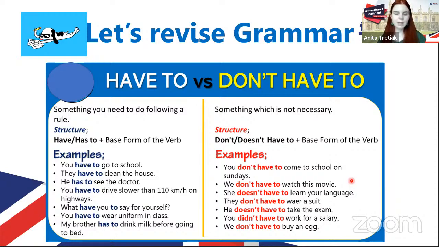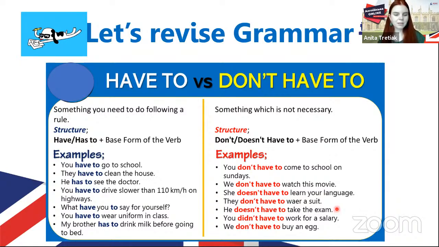They don't have to wear a suit because it's totally fine for them to have just, I don't know, jeans and a shirt, and nothing can be bad. He doesn't have to take the exam.